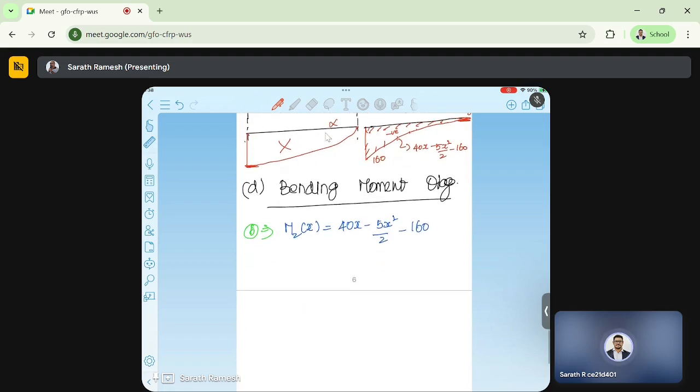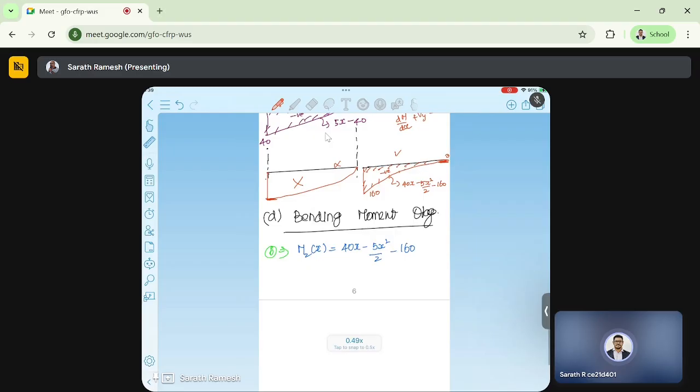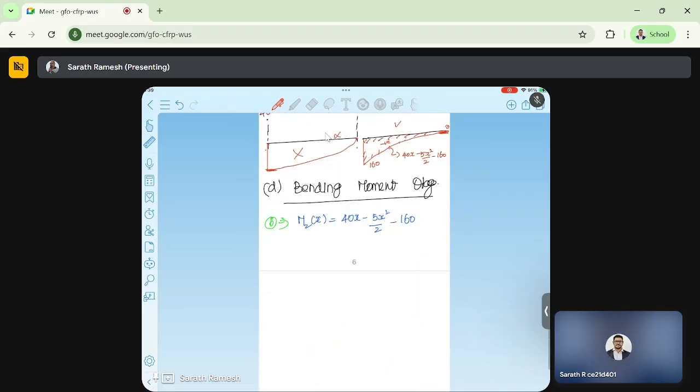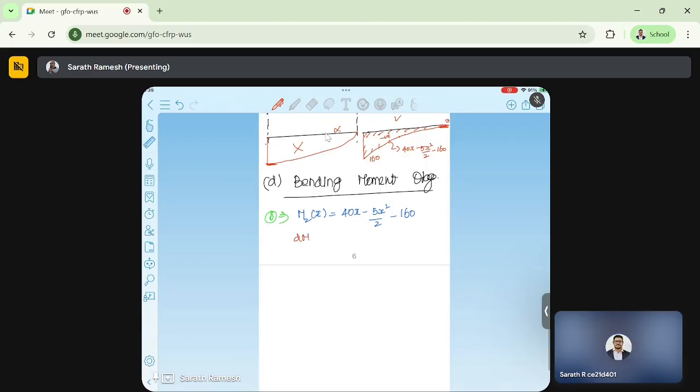If you want to find where the maximum bending moment is, it's evident from the diagram, but if you want to go with math, set dM by dx equal to 0.